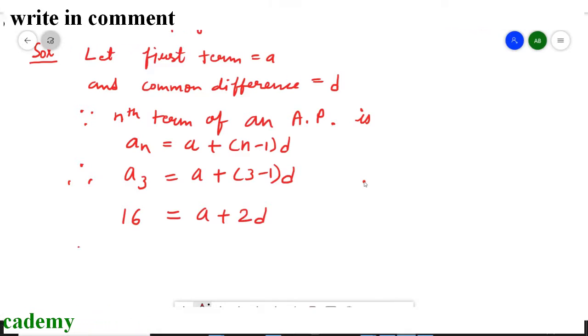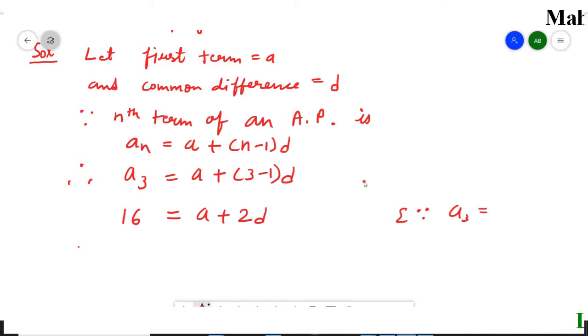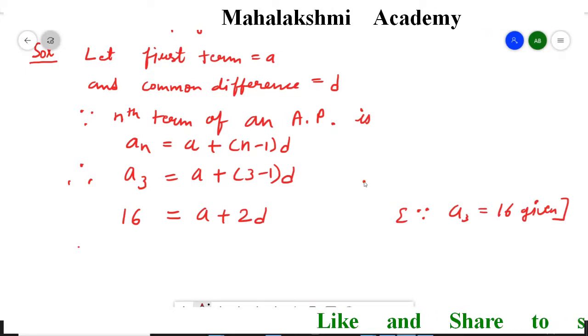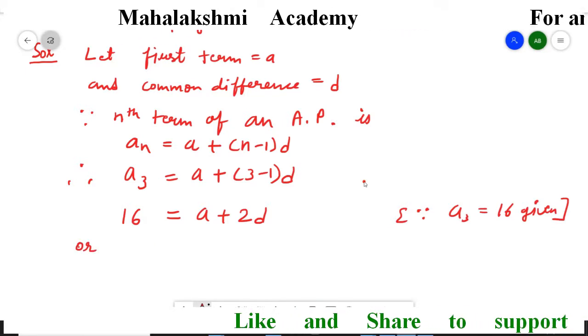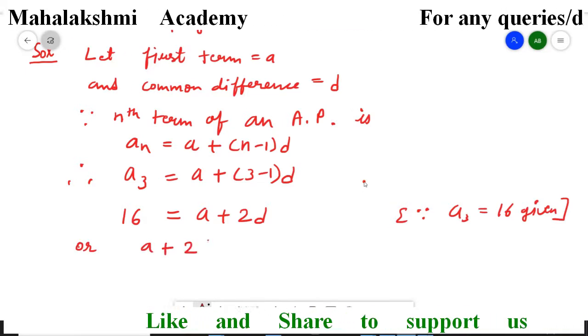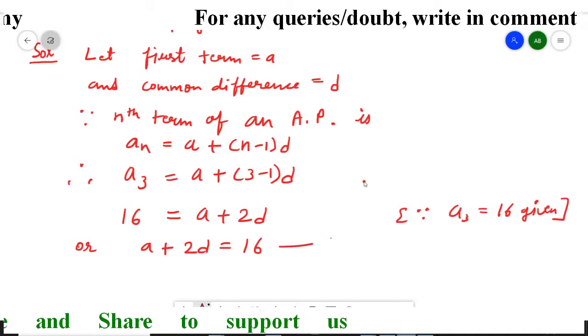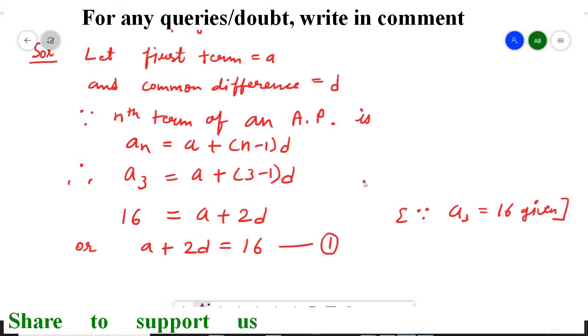So in a better way, we'll mention that since A3 is equal to 16 is given to us, we can write it as A plus 2D is equal to 16. So from the first information we got the first equation.